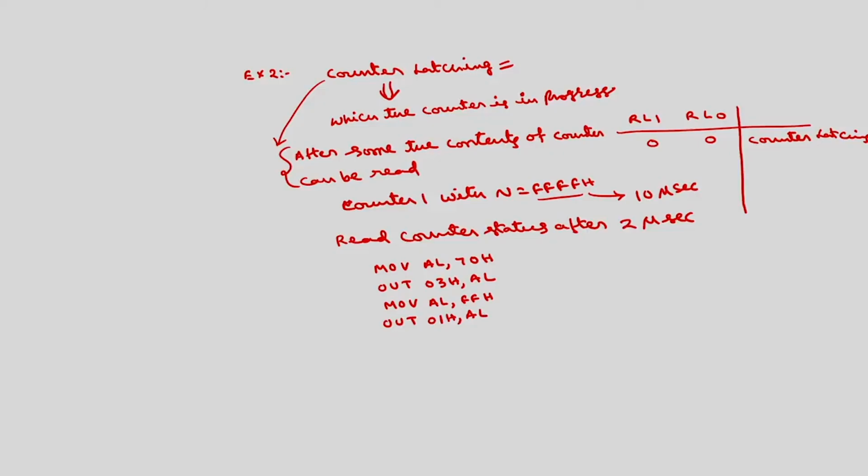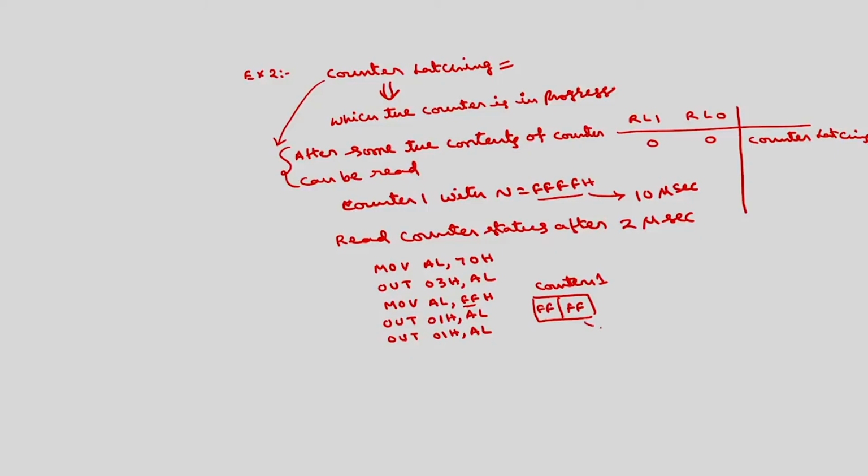Again you have to write OUT 01H, AL, because FF remains the same, so there is no need to load another value into AL. The same AL will be transferred to counter 1 twice. So counter 1 will be loaded with FFFF.